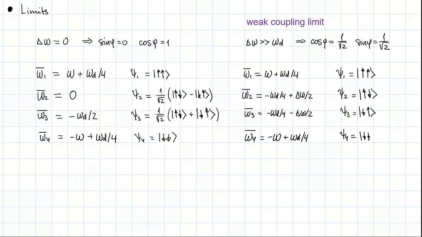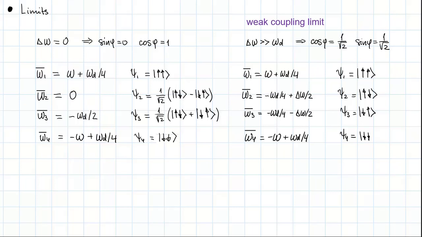Now, if we compare the obtained results for eigenvalues and eigenvectors in the weak coupling limit to the result for eigenfunctions and eigenvalues, which we have obtained considering just a term in the dipolar interaction Hamiltonian, we will see that they are the same. Hence, we can conclude that accounting for an additional term proportional to the operator B in the dipolar interaction Hamiltonian did not affect eigenvectors and eigenvalues in the weak coupling limit.